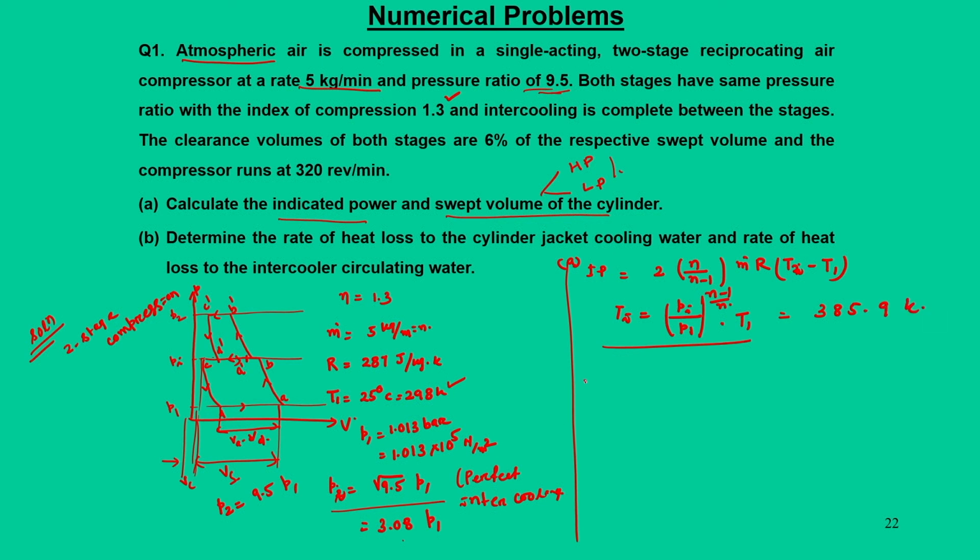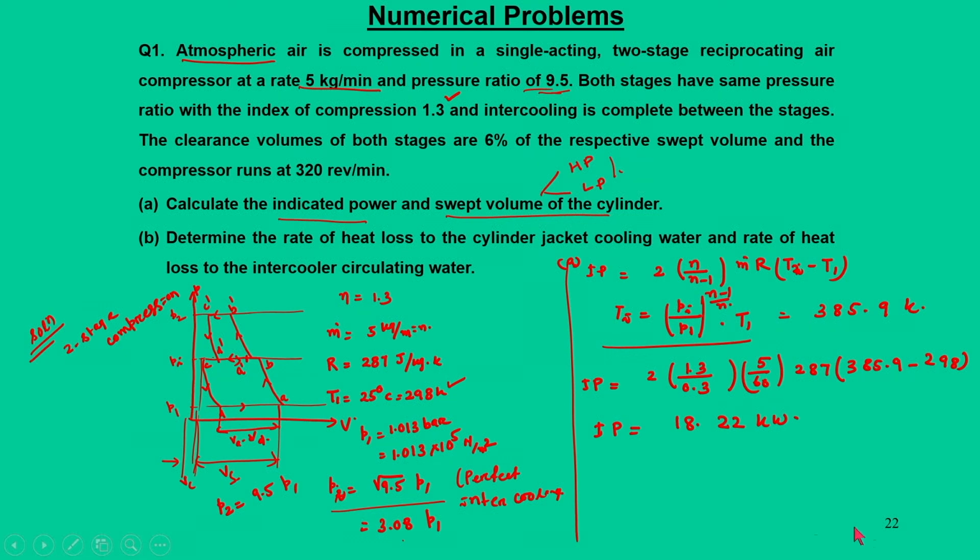So, putting this value we can write indicated power as 2 into 1.3 divided by 0.3, m dot is 5 kg per minute, that is 5 by 60 kg per second, R is 287, Ti minus T1 is 385.9 minus 298. So, from this we can calculate indicated power as 18.22 kilowatt.